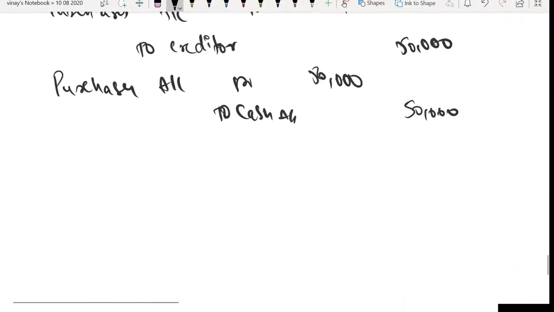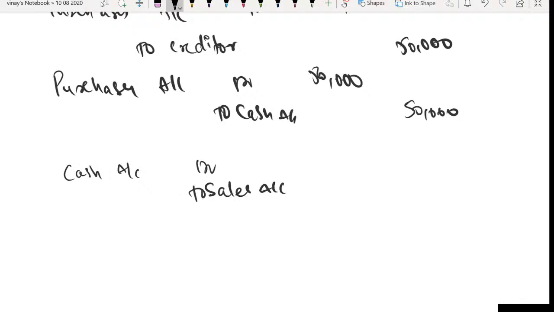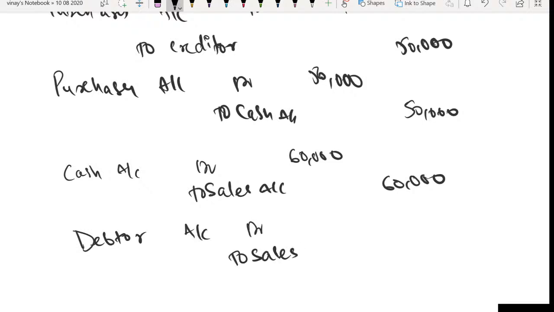The next entry I'm going to pass is the sales entry: cash account debit to sales account 60,000. Then debtor account debit to sales account 60,000.